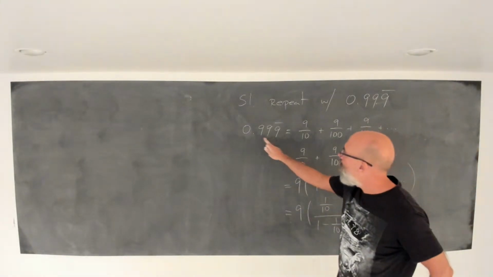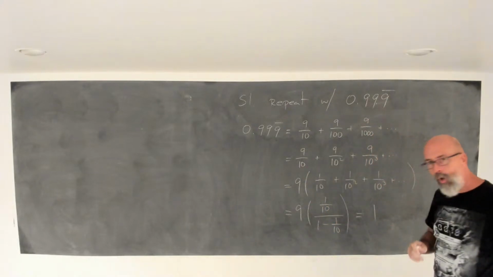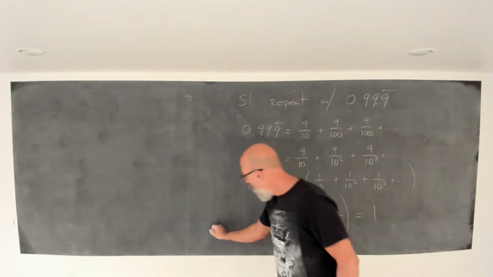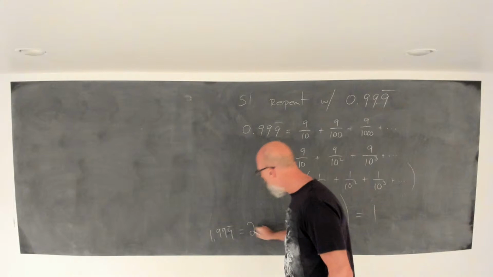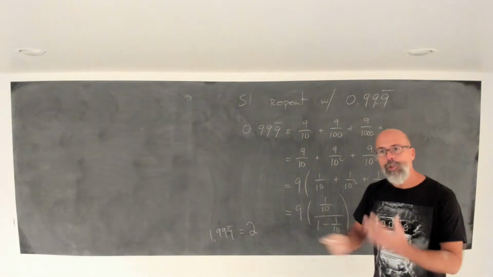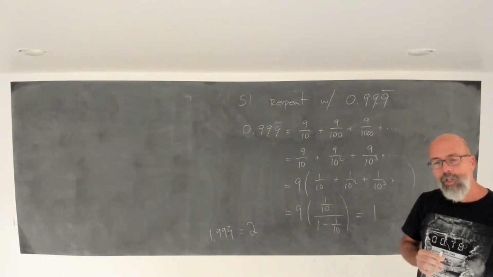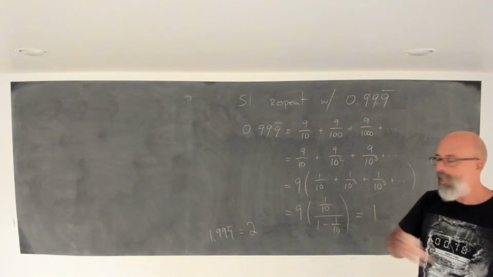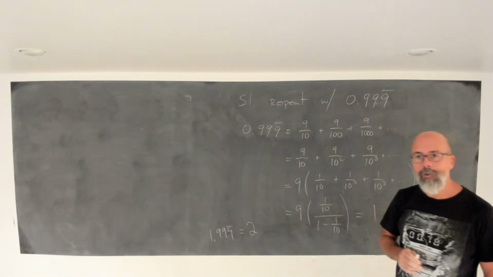The number 0.99999, where the 9 repeats, is equal to the number 1. And in a similar fashion, the number 1.99999, where the 9 repeats, is equal to the number 2, and so on and so on. So there's never a unique representation for two numbers. Two numbers always have at least two different representations.